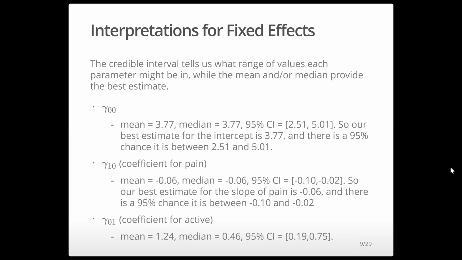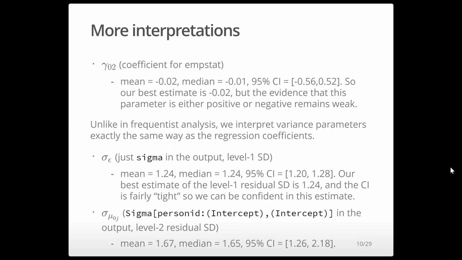And we could proceed on with each other parameter the same way, interpreting it the same way. So here we see gamma 0,2, which is the coefficient for MSTAT. On the other hand, our best estimates are that it's 0.02 or negative 0.01, but the credible interval is much wider here. So even though our best estimate is negative 0.02, we really don't have a lot of belief about this parameter.